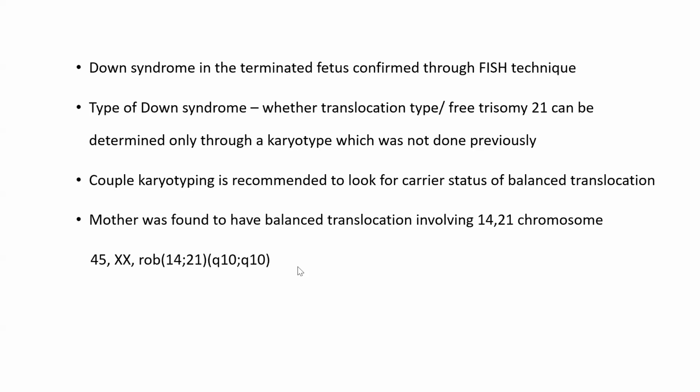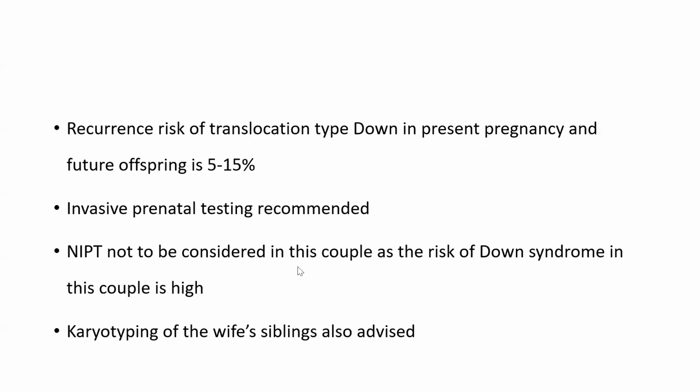As we don't have the sample of the proband, we have to go ahead with couple karyotyping only, which was recommended to look for carrier status of any balanced translocation. The mother was found to have a balanced translocation involving chromosomes 14 and 21, represented as 45,XX,ROB(14;21)(q10;q10). So the mother is a carrier of a balanced translocation involving 14 and 21.